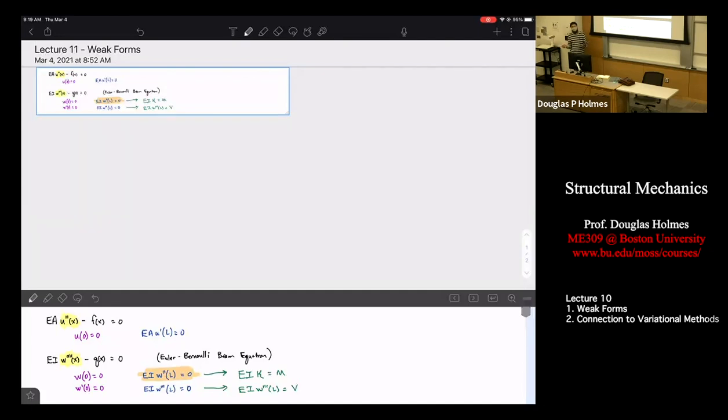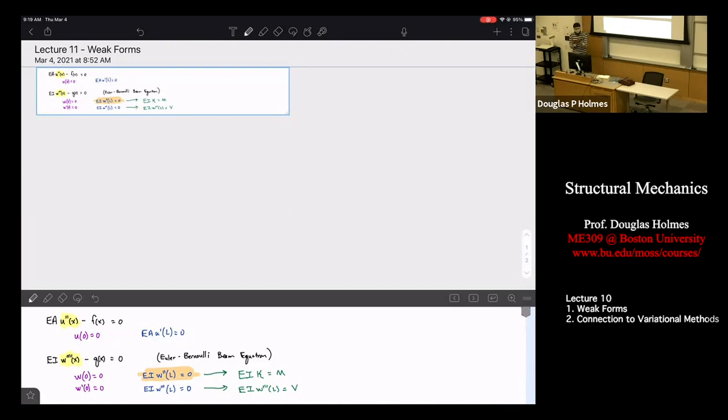People remember that? Maybe. First derivative is slope, second derivative is curvature. Sorry, first derivative is slope, second derivative is moment, third derivative is shear force. We did all those, like shear force along the beam, moment along the beam. It's all the same thing.